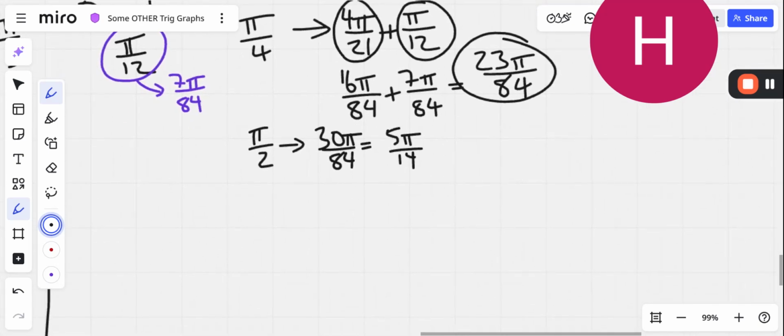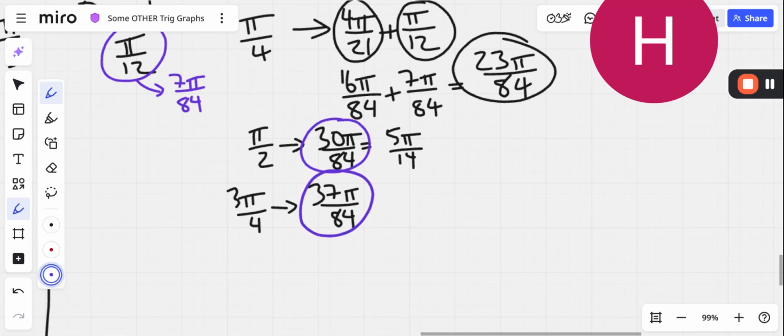But it doesn't really matter, because for the next quarter mark, we're still going to add 7 pi over 84. So we get 37 pi over 84. Do you see how I'm doing that? I'm just adding 7 pi over 84. It's very easy to do. And then the end of the cycle occurs at 44 pi over 84. So I'm just adding 7 pi over 84 every time. It's going to give me 11 pi over 21, I think. Interesting.